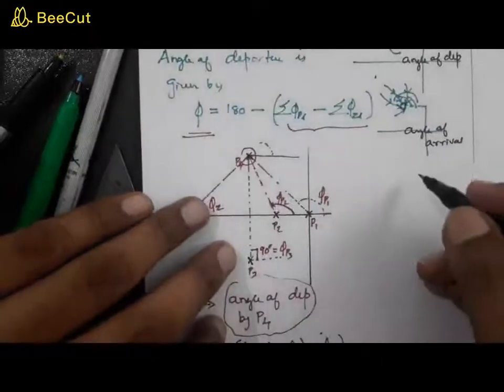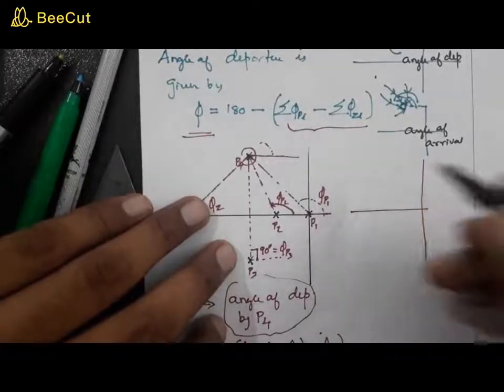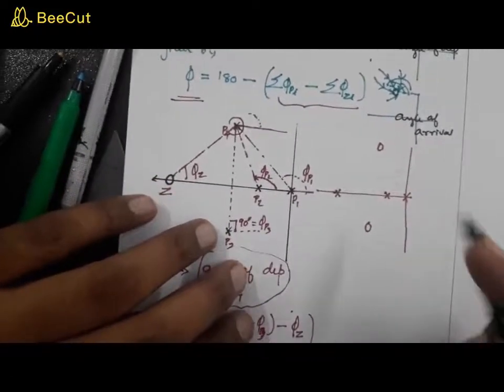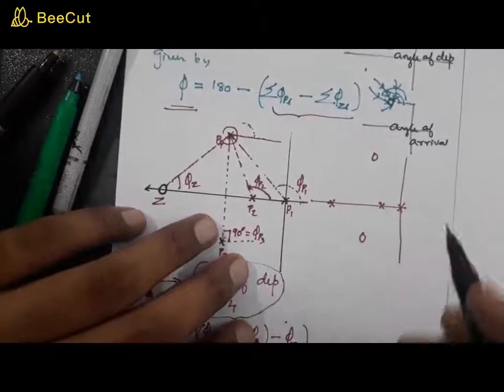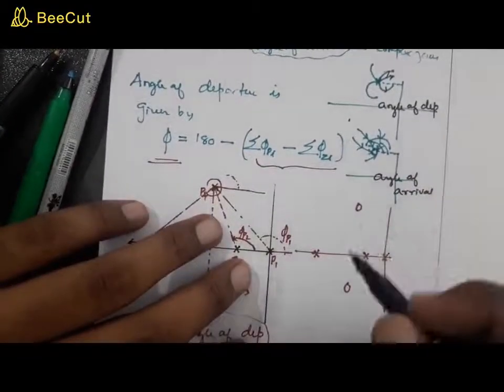Now similarly, say the same scenario, I'm considering the same scenario. Now the difference is I have a complex zero. If I have a complex zero, I told you earlier that there must be an angle of arrival, right?